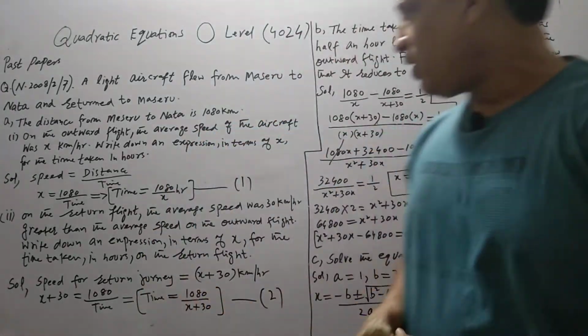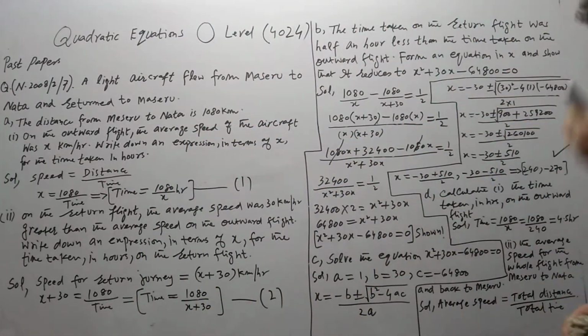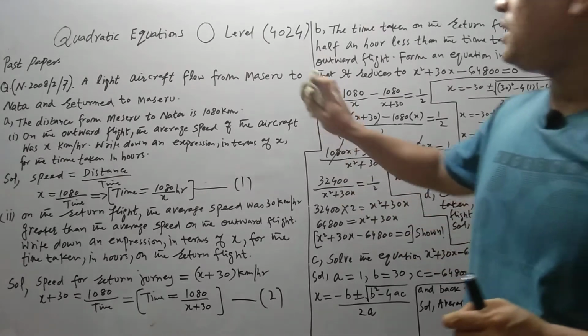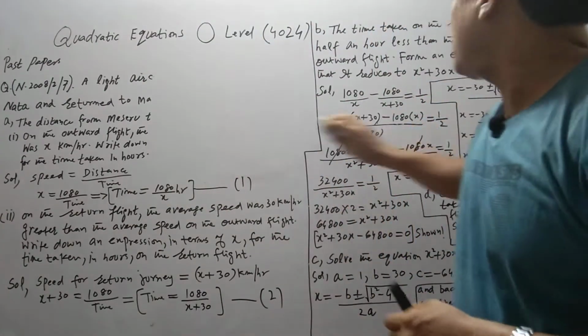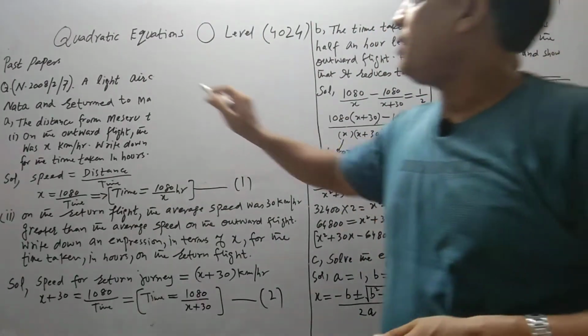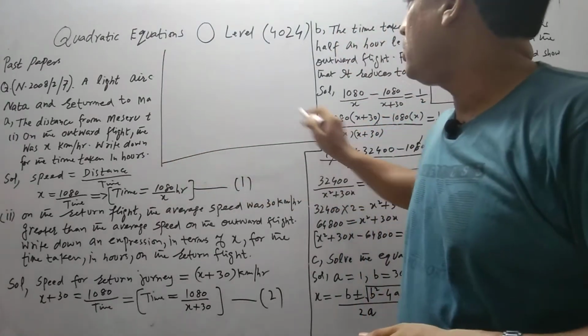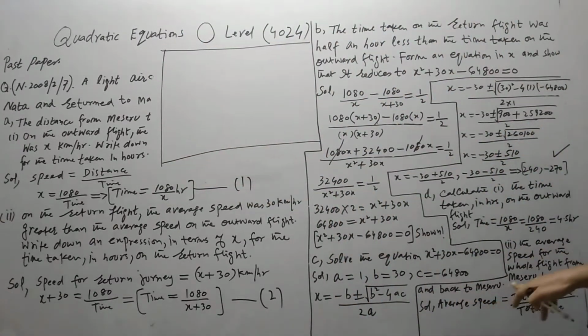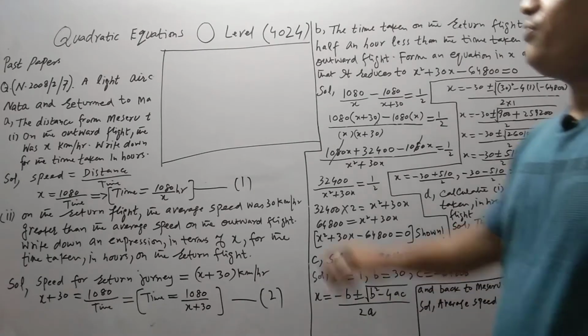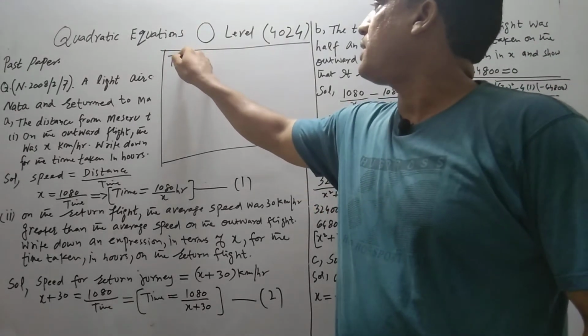But students, I don't have enough space to do this part too, so I should rub some part of this question. I am doing this part too over here. So for average speed we need total distance upon total time. First we have to find total distance.